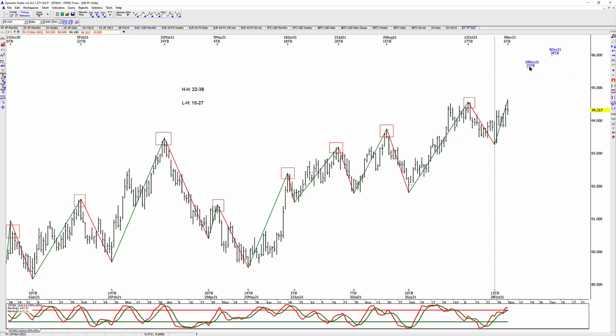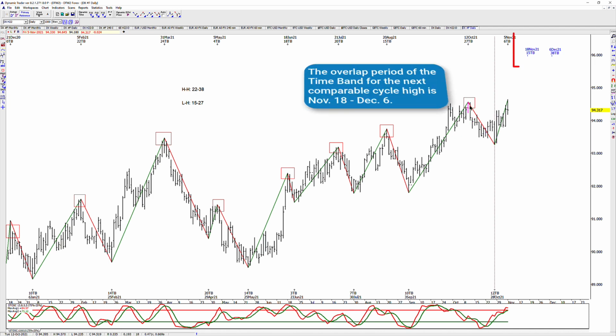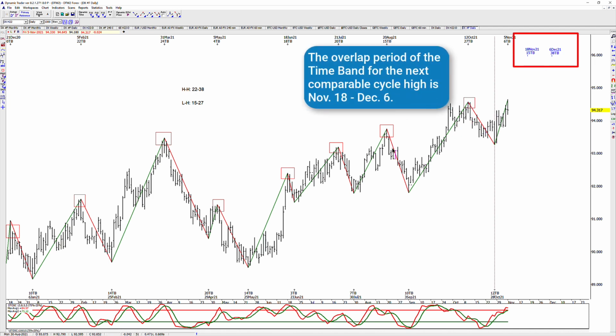We'll keep those two dates. And we'll know that the next time range or time band for the comparable high to these past highs is going to be between November 18th and December 6th.